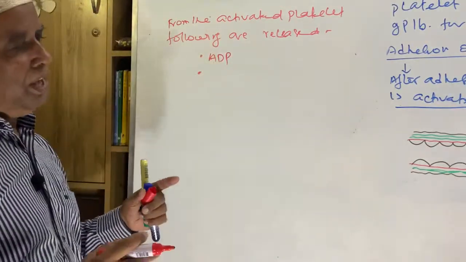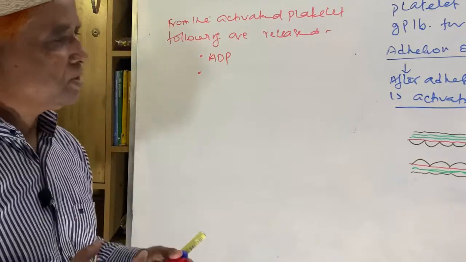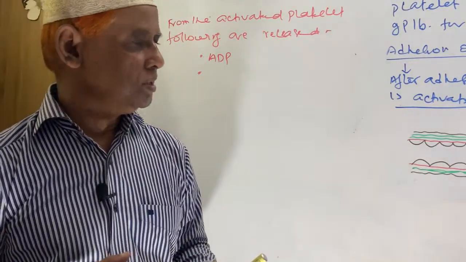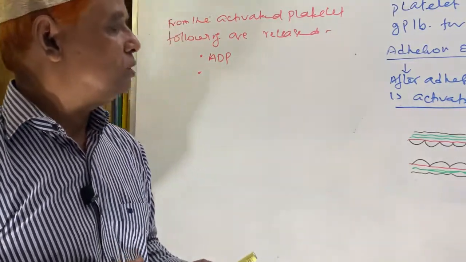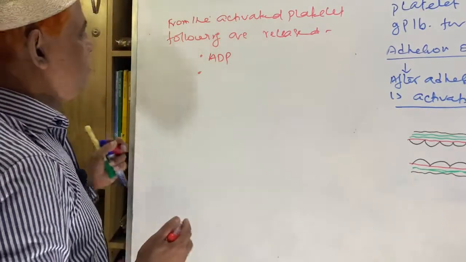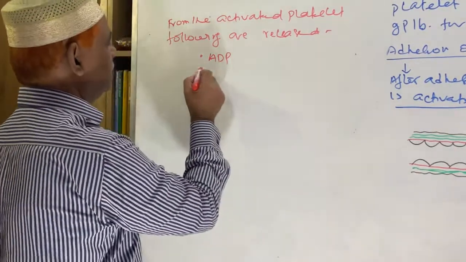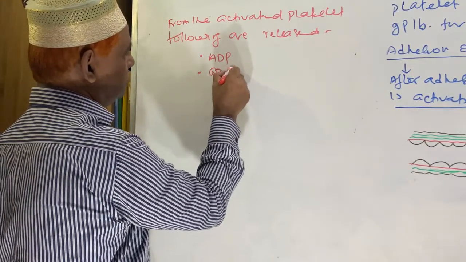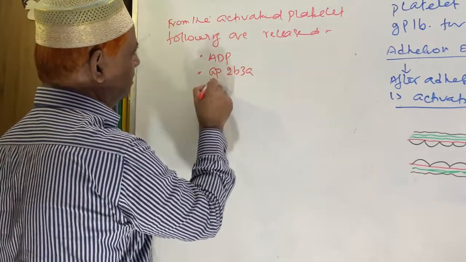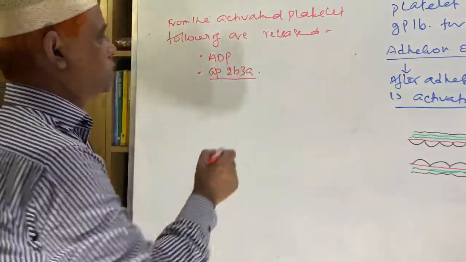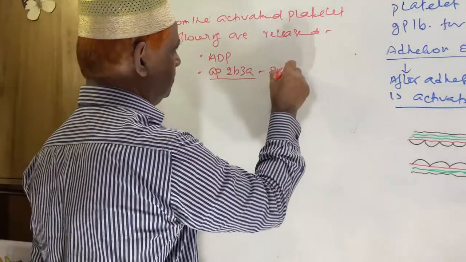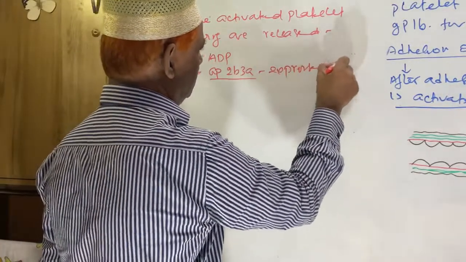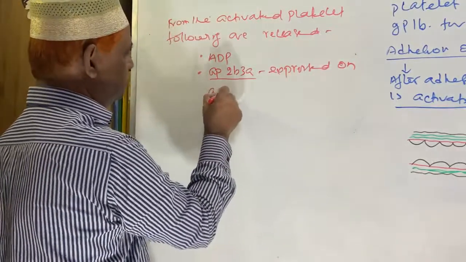And the activated platelet expresses another receptor, GP2B3A. This is another receptor expressed on activated platelet.